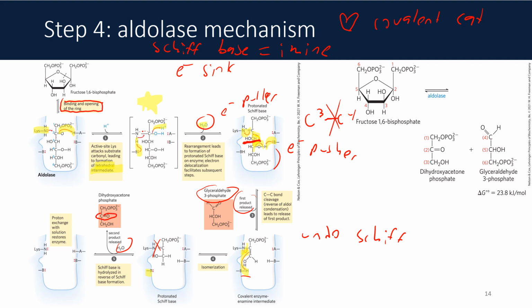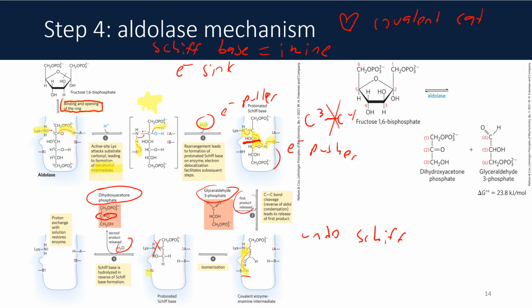This one over here in our second product, DHAP, dihydroxyacetone phosphate, bringing us back to square one, an empty pocket with a deprotonated lysine and these 3 other residues.